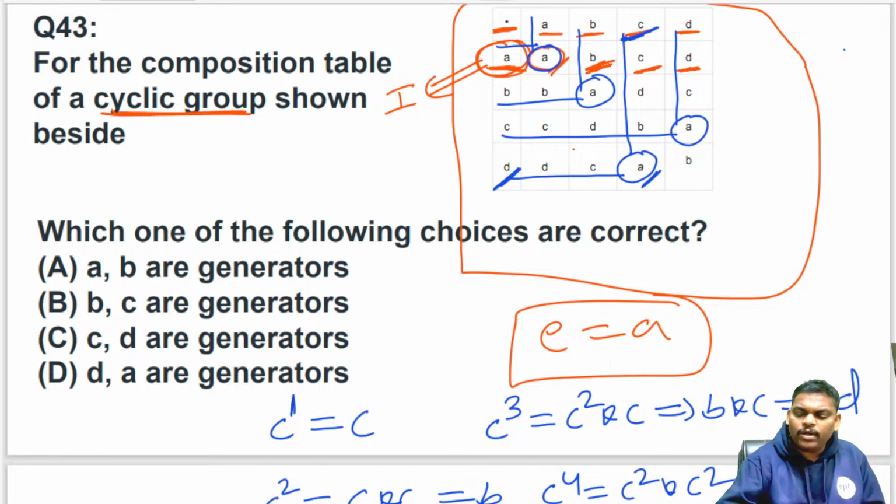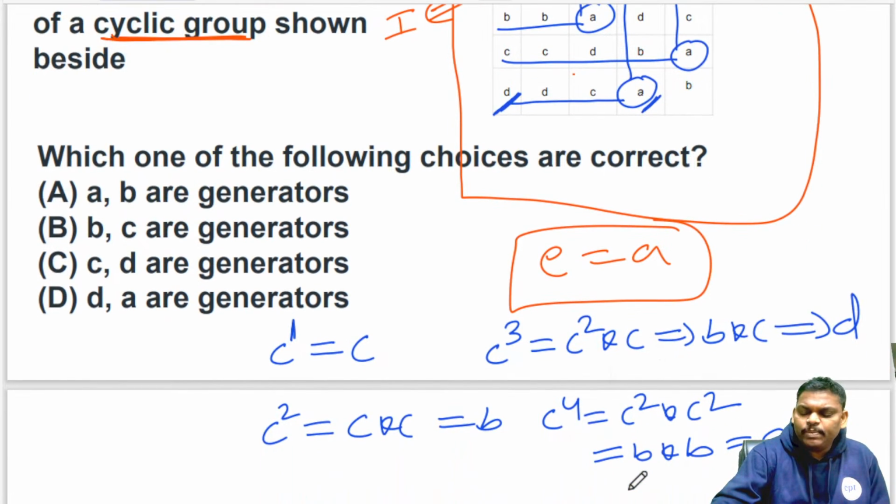Listen, C power 1 is C, C square is B, C cube is D, C power 4 is A. Means using powers of C, I am able to generate everyone. So C is a generator. If C is a generator, C inverse is also a generator.